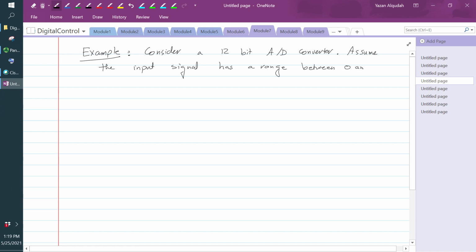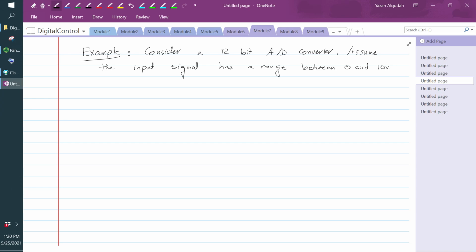So therefore, I'm going to take the 0 to 10 volt and divide them or represent them using 12 bits. Now, if I have 12 bits to represent the data, I'm going to have 4096 levels that I can use to represent the data.